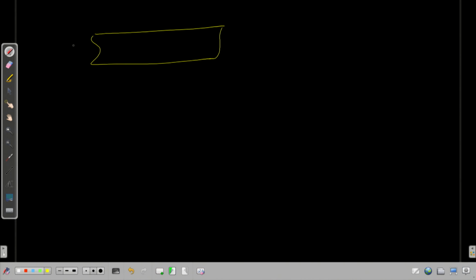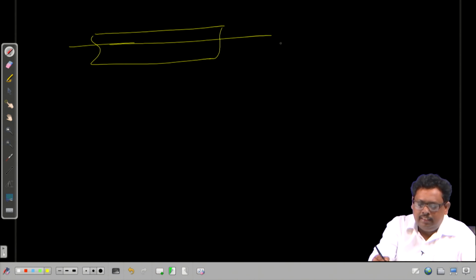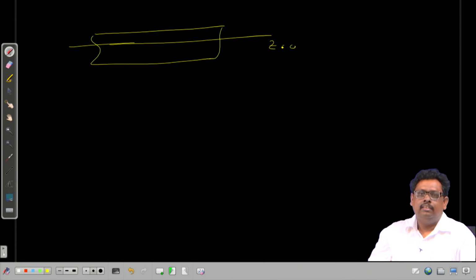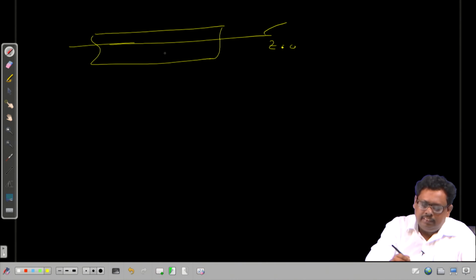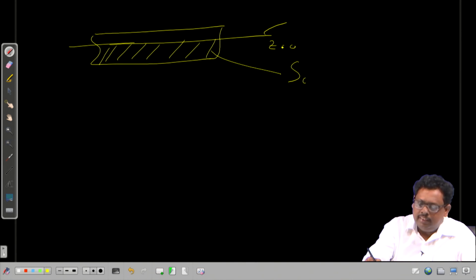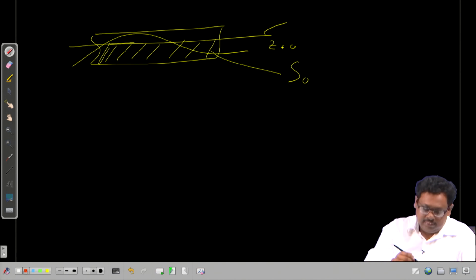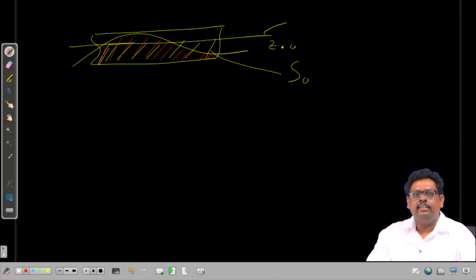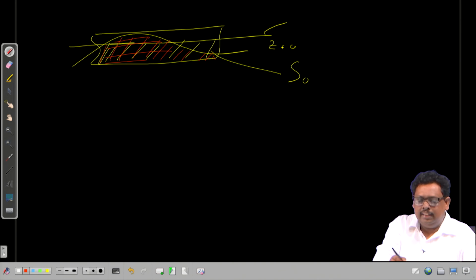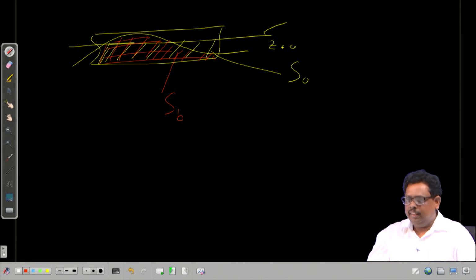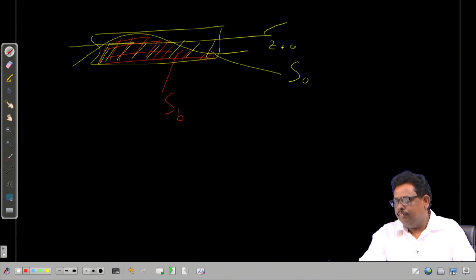Then the mean wetted surface is basically the line z equal to 0, and I refer to this mean wetted surface as S_0. But if I consider this wave, and let us do this in red, this is called the exact wetted surface, and if I do the integration over it, normally we define it by S_b. Okay, let us come back to the slide again.